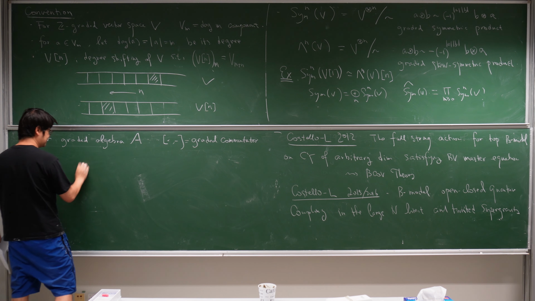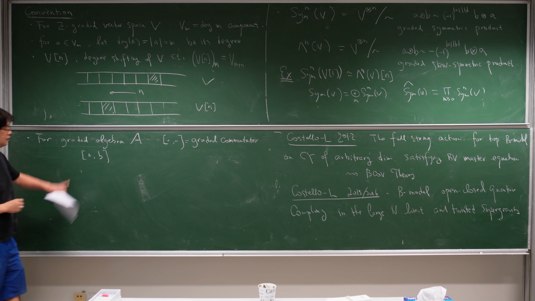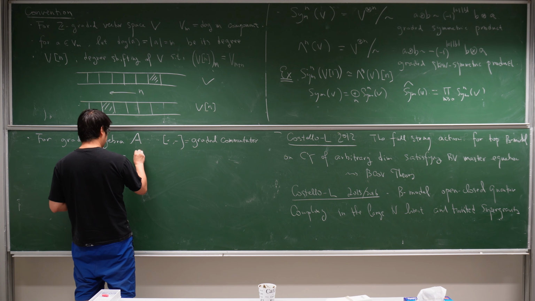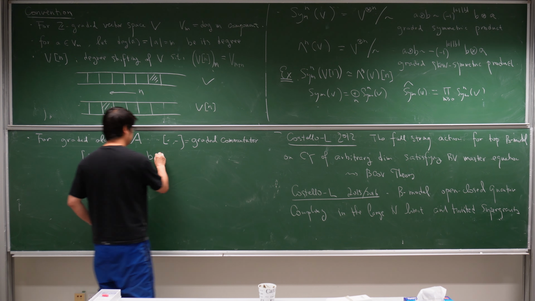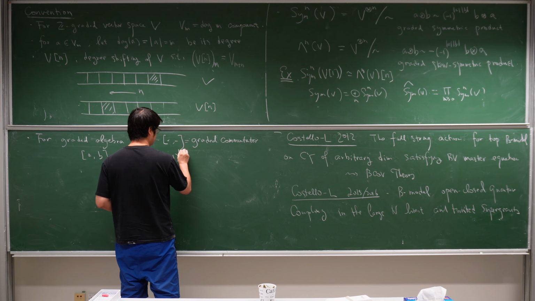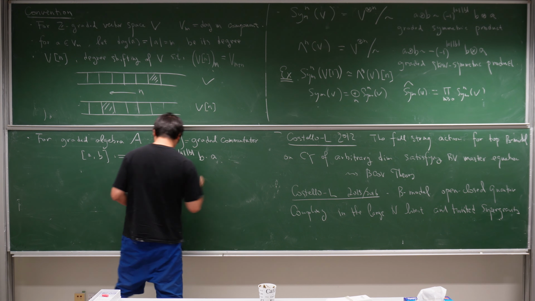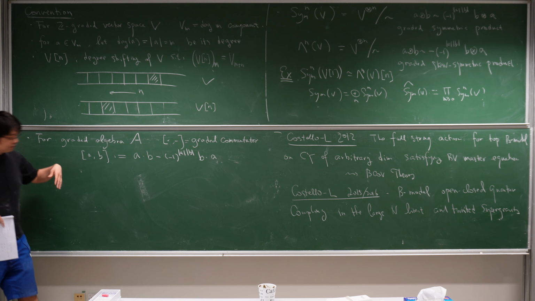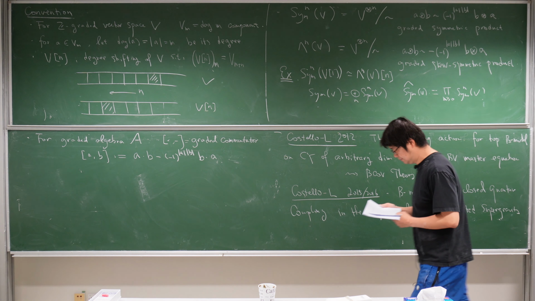So for example, suppose I apply this to two elements A and B, then this literally means A product B minus the Koszul sign times B product A. This also applies to, for example, the algebra of linear operators on some graded vector space and things like that.